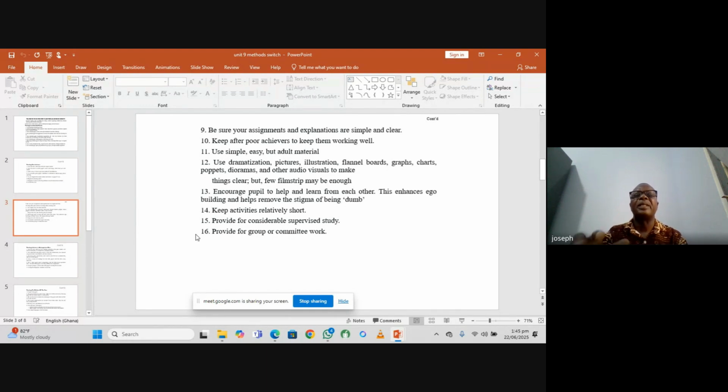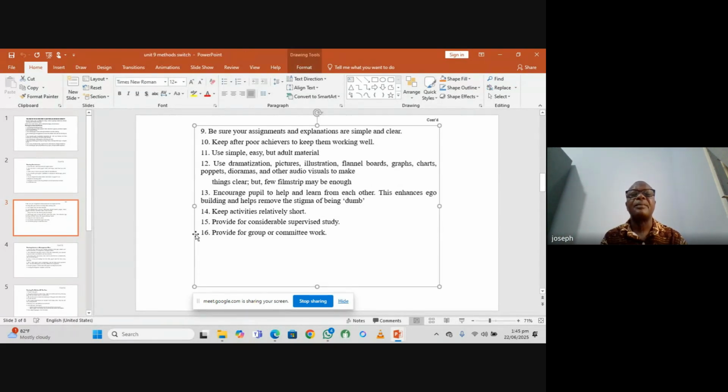Use adult material which are simple and easy to handle. Use dramatization, pictures, illustrations, random boards, graphs, charts, and whatever to handle these learners, because we say you should use some of these concrete things in the teaching of these poor achievers.